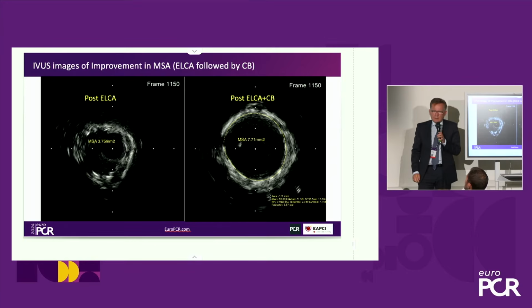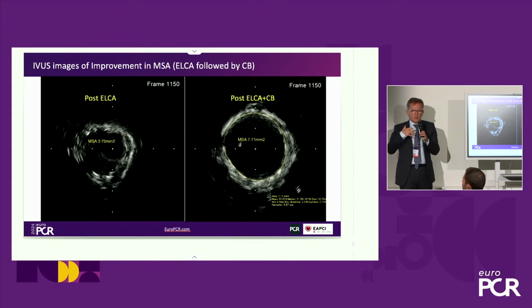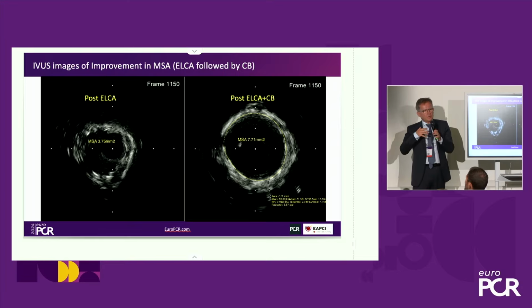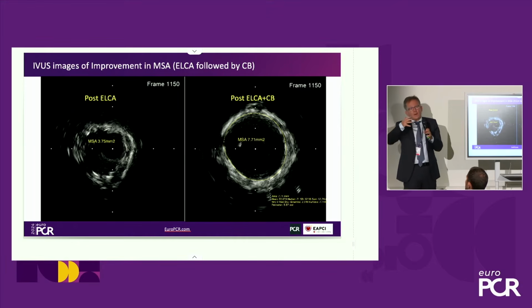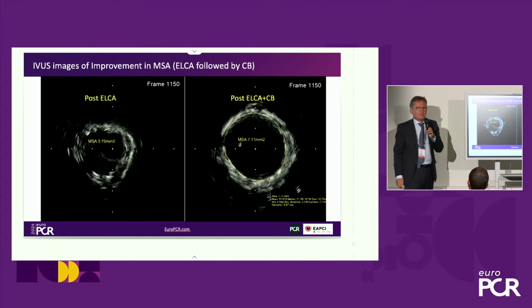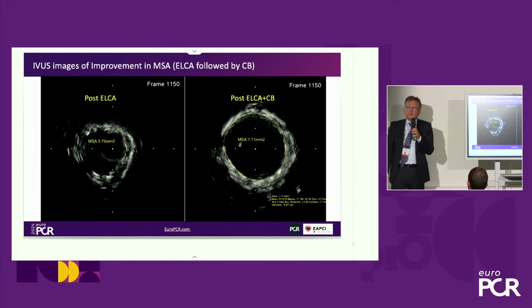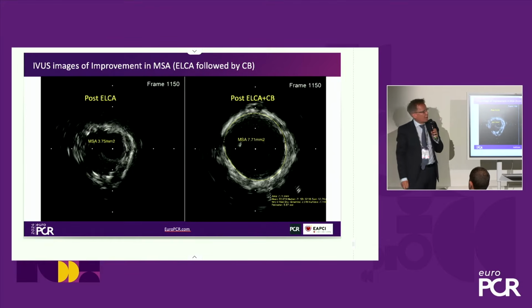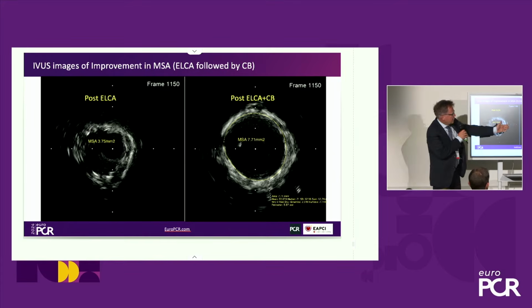That is very important for good lesion preparation and good expansion of a stent, or other parts of a stent, different layers of a stent. And here is the final result. Very nice picture with very great improvement of MSA, and as you see, the result is very convincing.